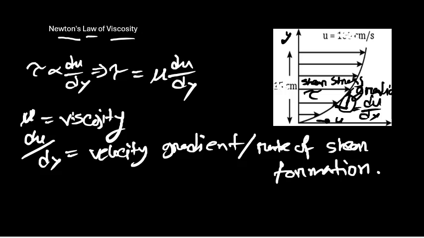Okay, and here one thing is very crucial. Here is the wall. If you consider this the wall, in this layer the velocity is 0, but gradually the velocity increases.